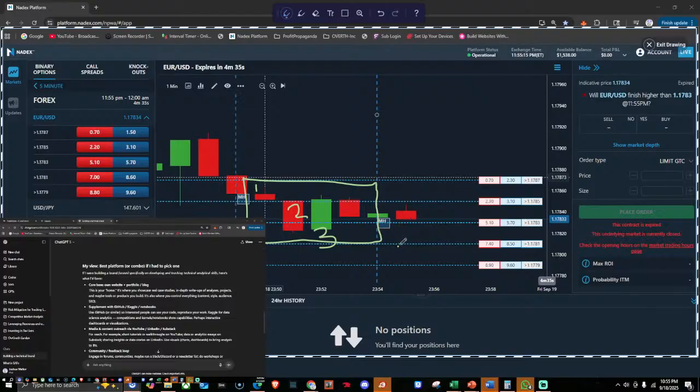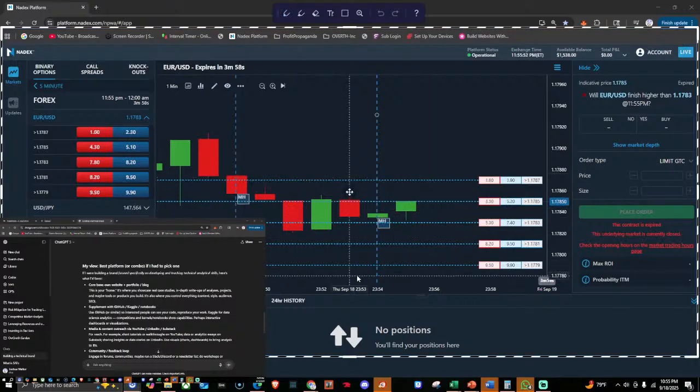We need to see the market do something like, oops, I know the line ain't perfectly straight, but that would be perfect right there. Market just settles within that box. But we ain't seeing that yet. And I don't think that we will see it tonight either, just based off of the way that the market's been moving.